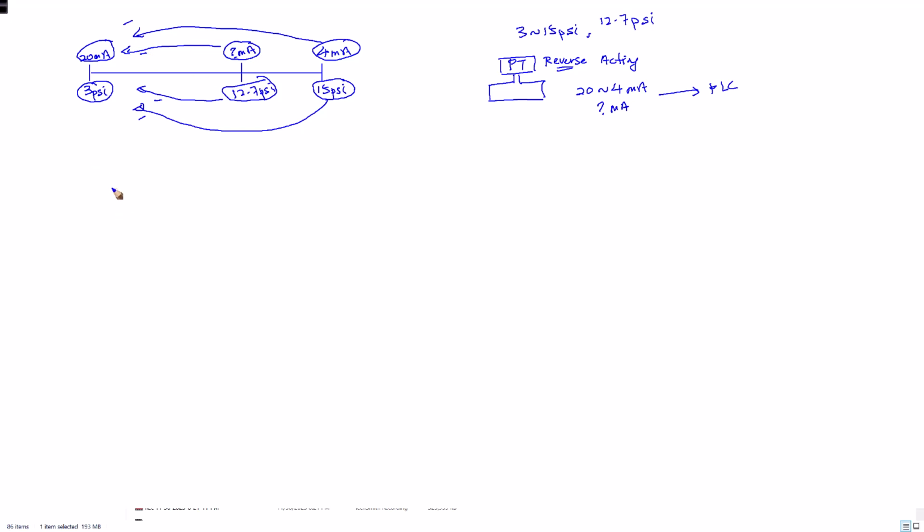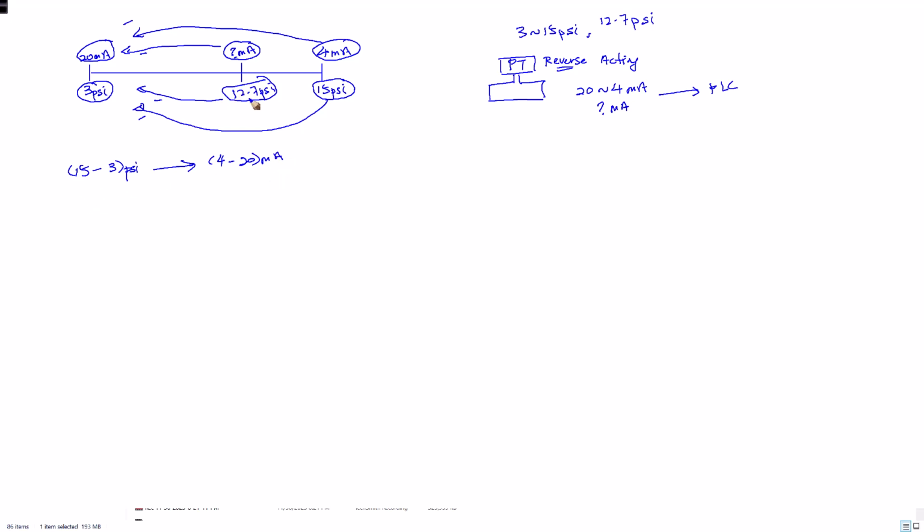So we can write in such a way: 15 psi minus 3 psi is proportional to 4 milliamp minus 20 milliamp.